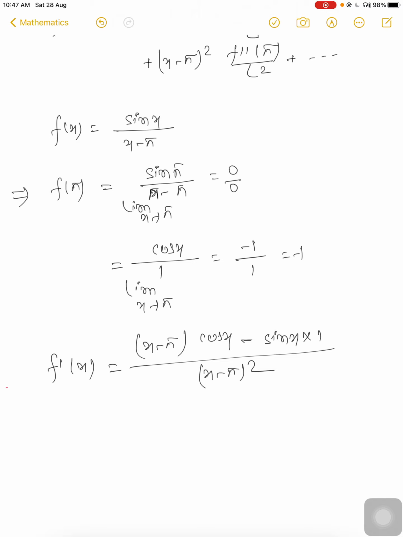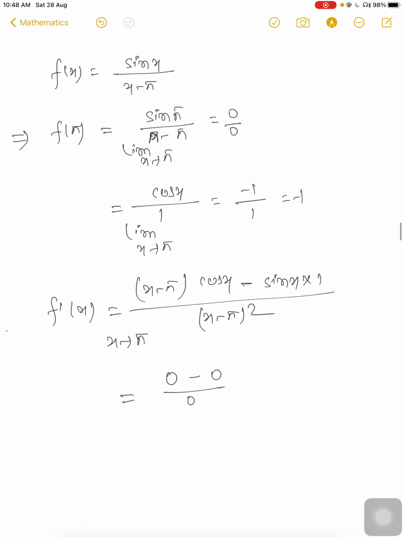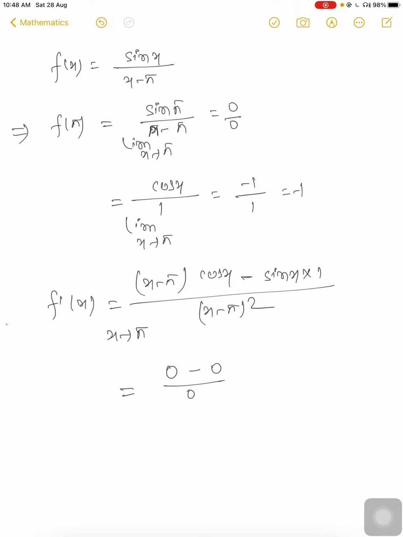When you put the limit x tends to pi, you will get 0 minus 0 and 0, that is 0 by 0. Once again you have to apply L'Hospital and check it.